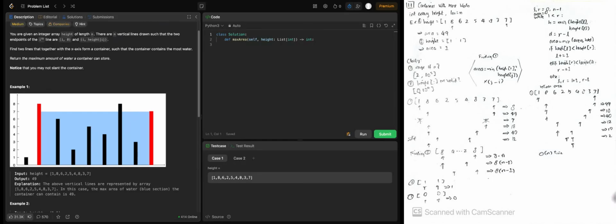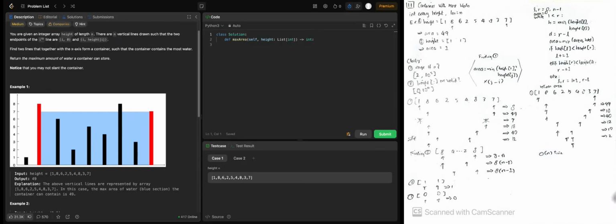So if we take 1 and 7, this would give us 8.